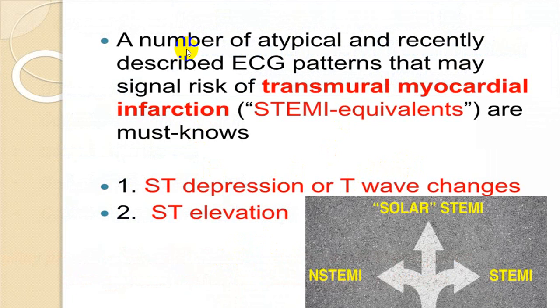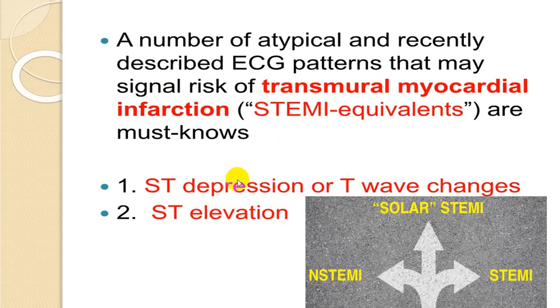So it is a term that there are atypical or recently described ECG patterns which give you a signal that there is a risk of a transmural MI, or we call STEMI. Hence they are labeled as STEMI equivalents. So you can have ST depression, T wave changes, or ST elevation. You can have any one of these. So it is not only ST elevation.